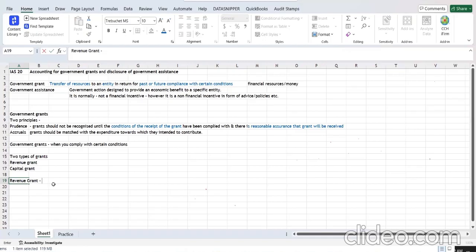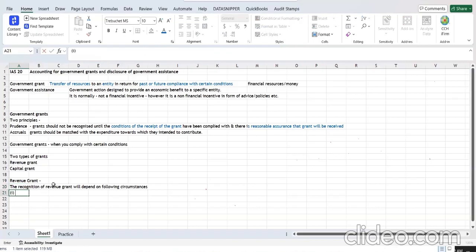So, if we have received revenue grant, right? So, in that case, the recognition of revenue grant will depend on the following circumstances.